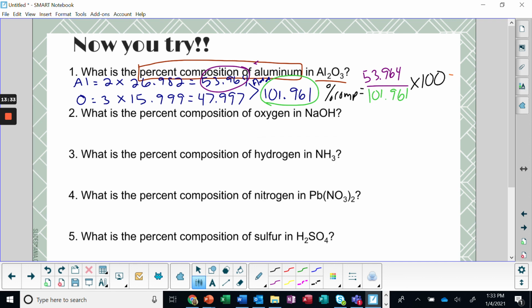And that's going to equal, I'm going to write it down here. And for these purposes, you can round to 2 significant figures, but always watch your significant figures, okay? So if you're close to 53%, you're good to go. All right? All right, moving on to our next one.